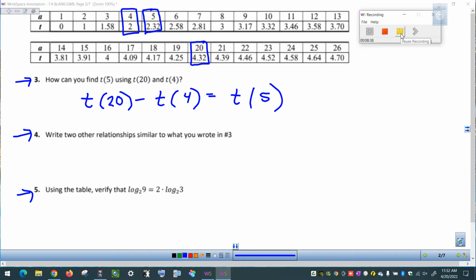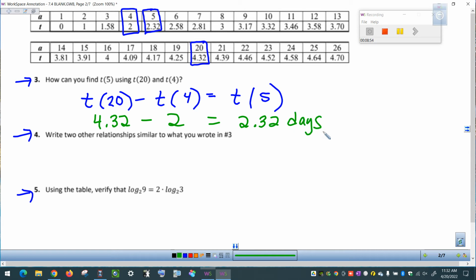All right, so it looks like here we have now a statement involving subtraction. And so sure enough, if we fill in the number of days underneath, 4.32 days minus 2 days is equal to 2.32 days.